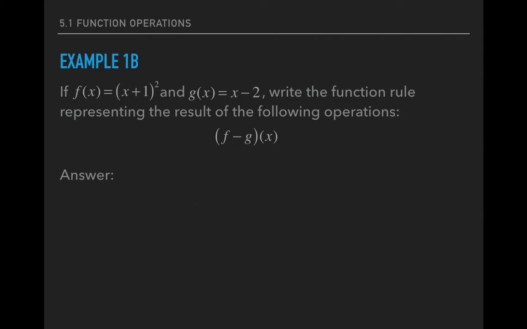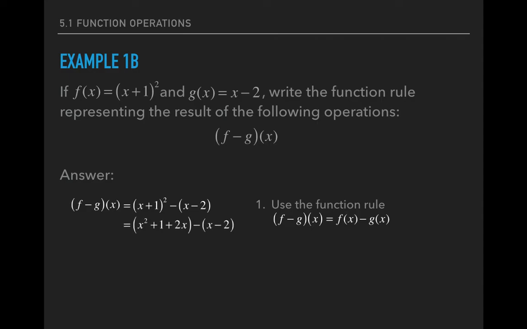Let's do similarly for subtraction. When you're working with f minus g of x, remember that that is the function f minus the function g. Let's rewrite it. That would be the function f, which is (x plus 1) squared, minus the function g, which is x minus 2.